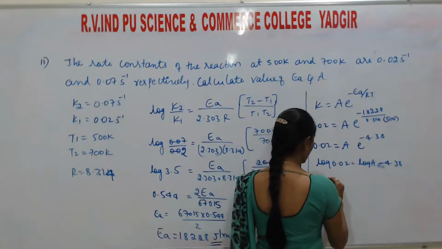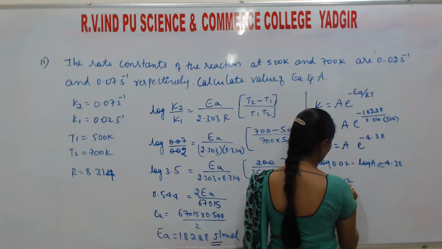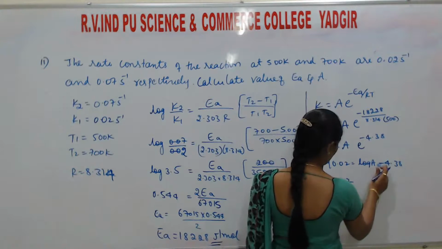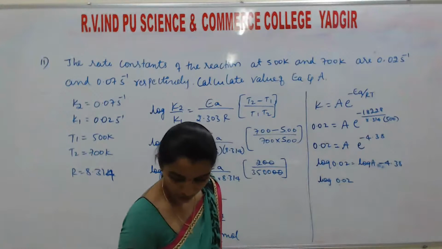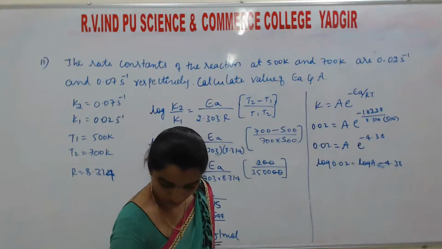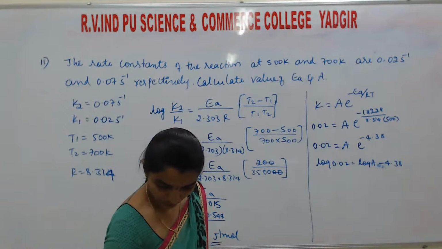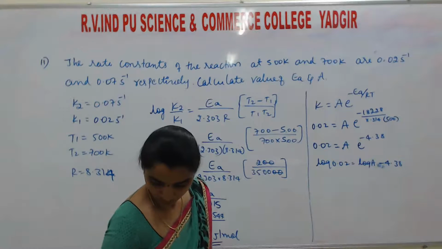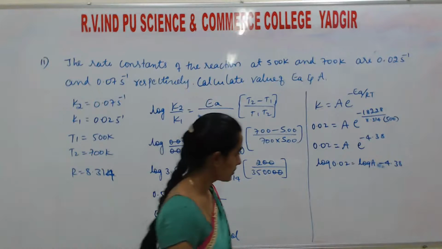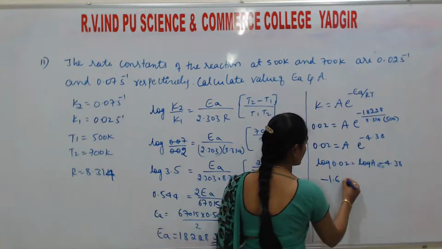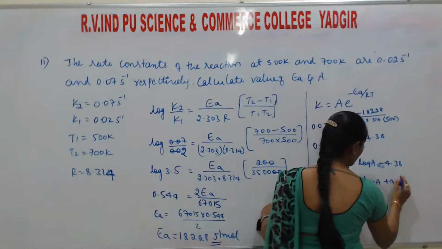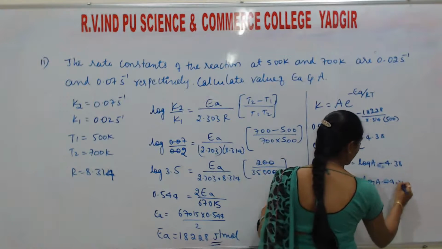Okay, so log of 0.02 value is minus 1.692, equal to log A plus minus 4.3.